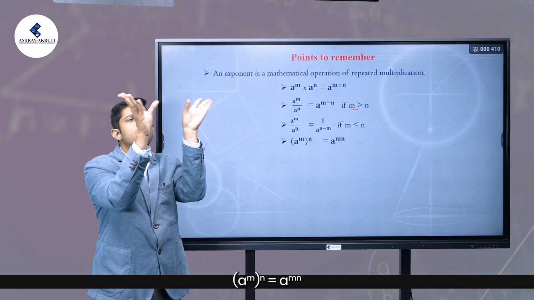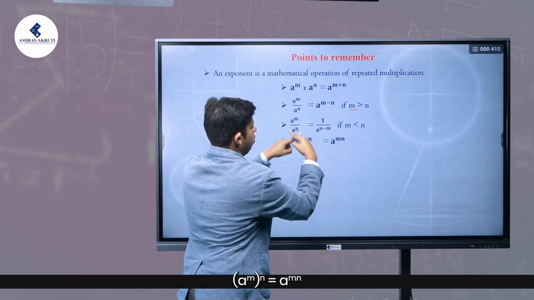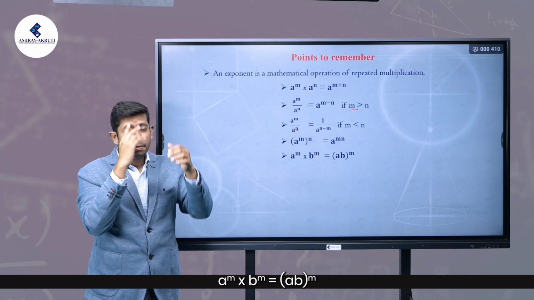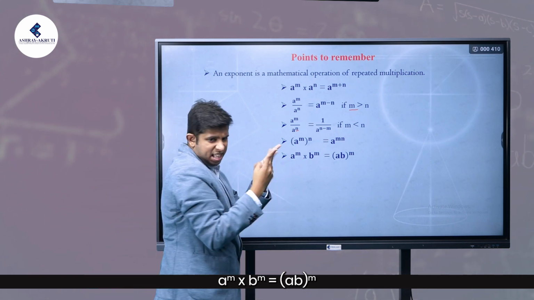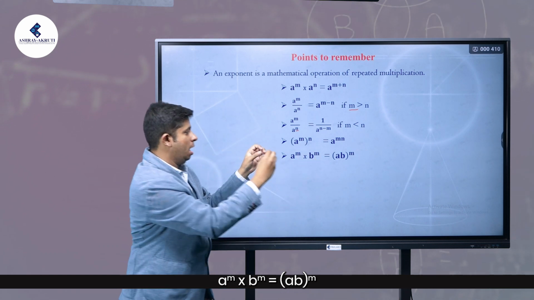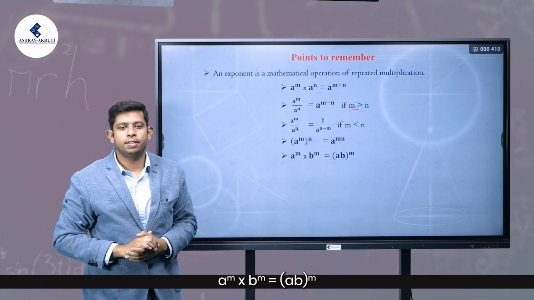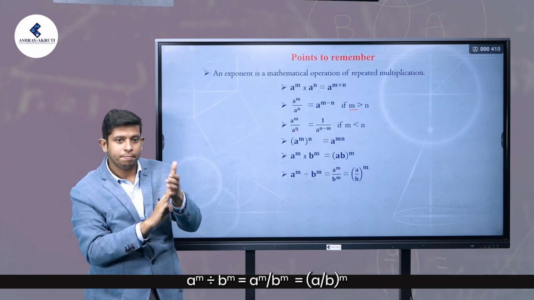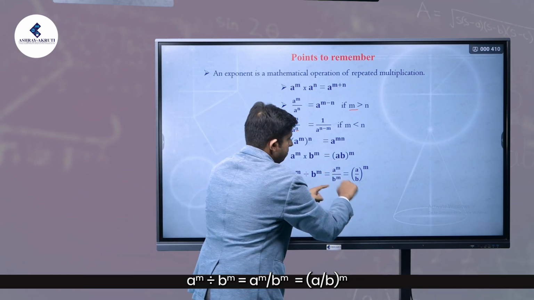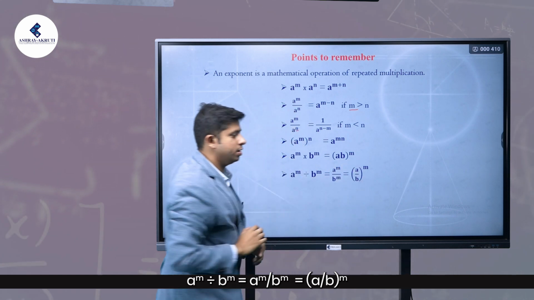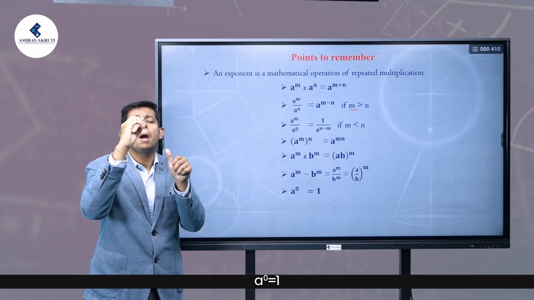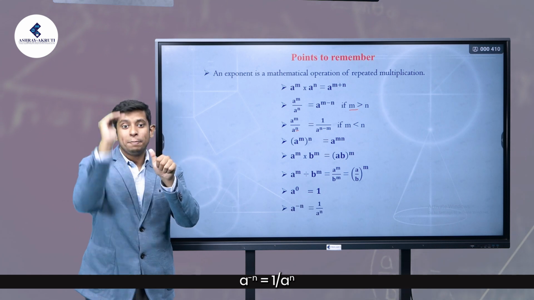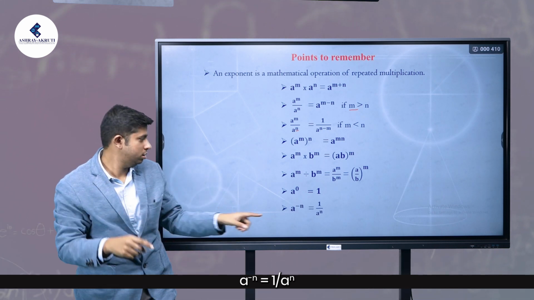a to the power of m whole to the power of n is equal to a to the power of mn. a to the power of m into b to the power of m is equal to ab whole to the power of m. a to the power of m divided by b to the power of m is equal to a to the power of m by b to the power of m is equal to a by b whole to the power of m. a to the power of 0 is equal to 1. a to the power of minus n is equal to 1 by a to the power of n.